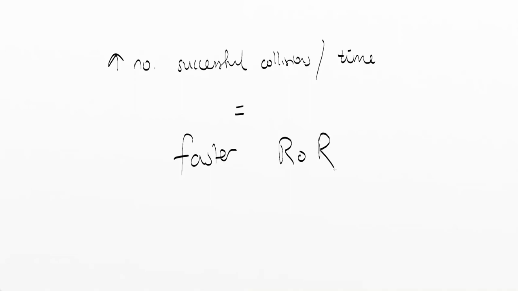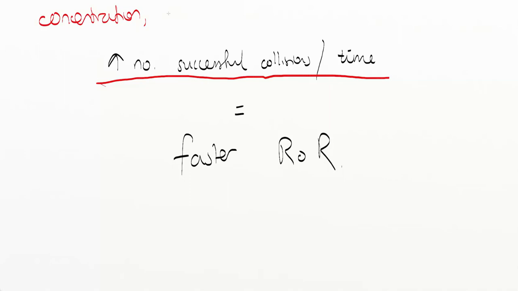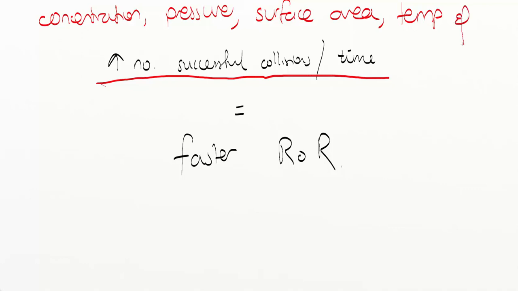So the question now becomes, what are the factors that will increase the rate of reaction? That is, what factors will increase the number of successful collisions per unit time? Those factors are things such as concentration, pressure if you're talking about gases, surface area if we're talking about solids, and temperature and a catalyst.